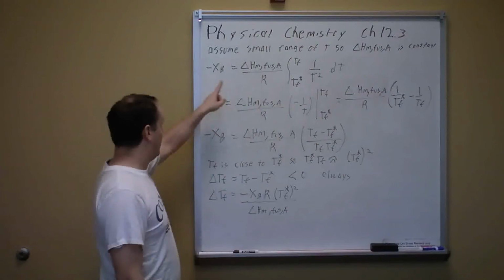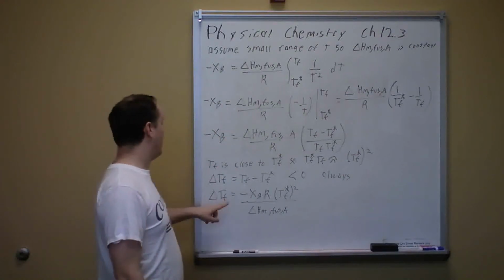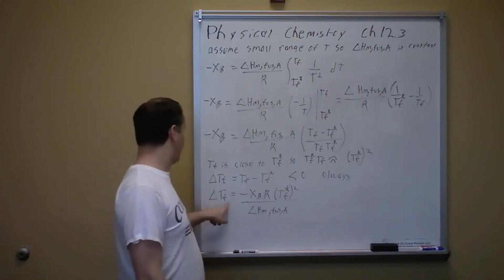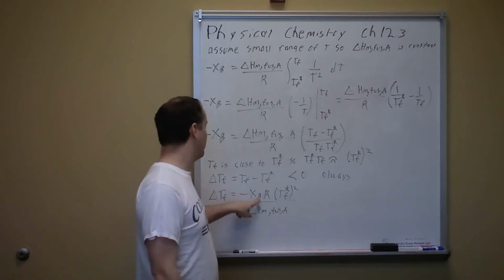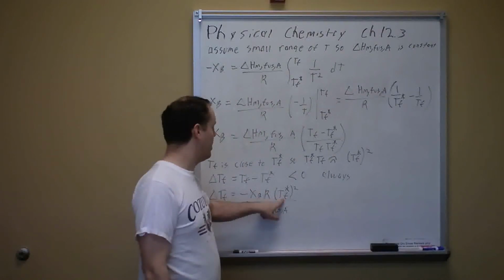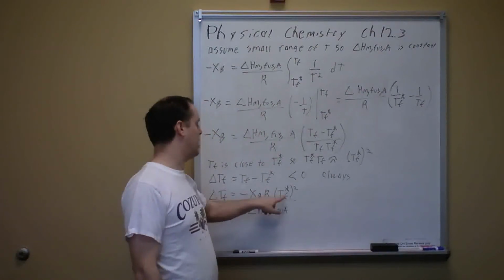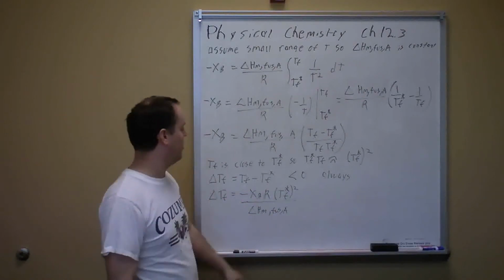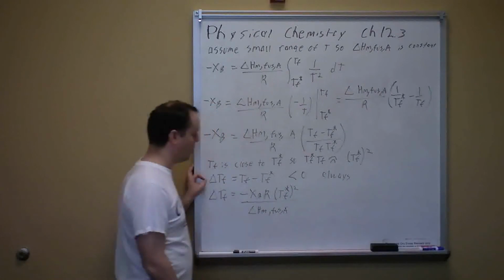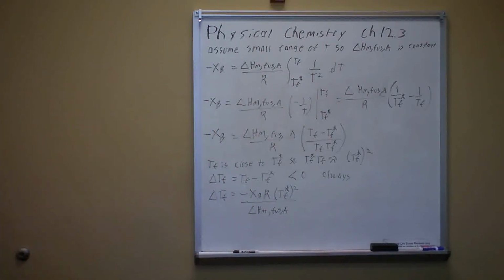So, substituting all that back in and solving for the change in freezing point temperature, we get the change in freezing point temperature is equal to minus the mole fraction of B, our solute, times R, the gas constant, times the original freezing point temperature unmixed of our solvent squared, divided by the molar enthalpy of fusion of our solvent.